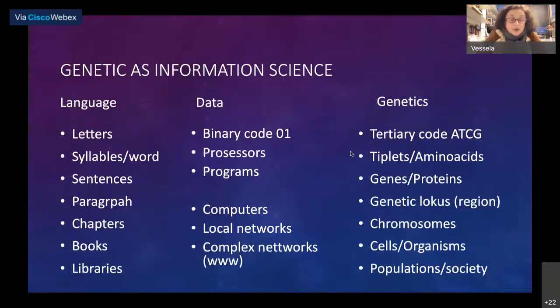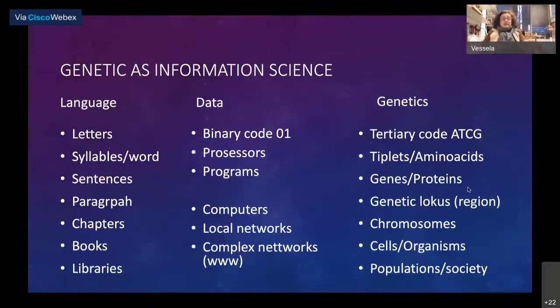Also, in language, words are composed into sentences, and in data, we work with well-defined programs that have specific functions. In genetics, these programs could be looked upon as genes that code for specific proteins.